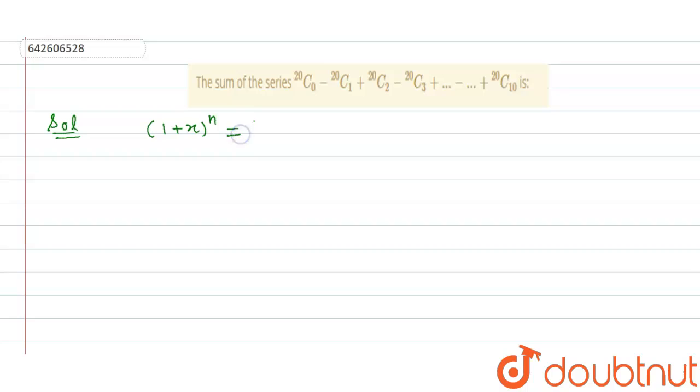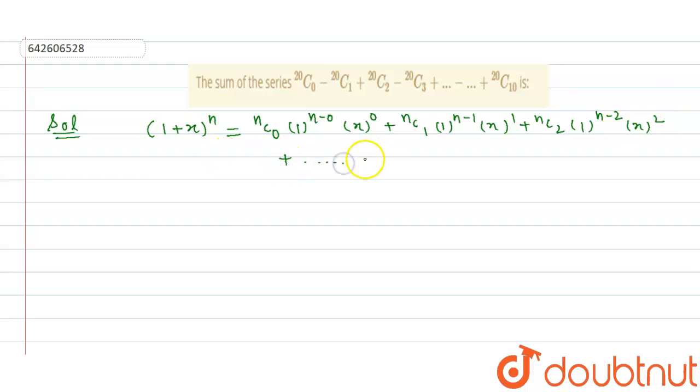So, the binomial expansion of 1 plus x raised to the power n is nC0 1 raised to the power n minus 0 x raised to the power 0 plus nC1 1 raised to the power n minus 1 x raised to the power 1 plus nC2 1 raised to the power n minus 2 x raised to the power 2 plus and so on up to nCn 1 raised to the power n minus n x raised to the power n.